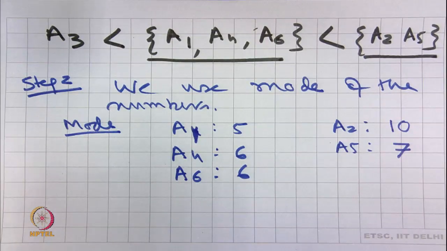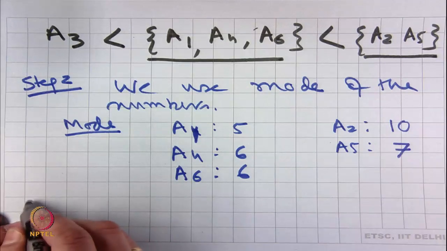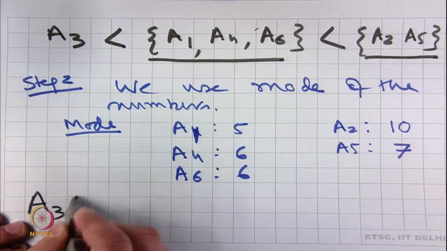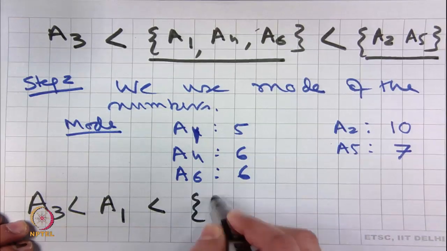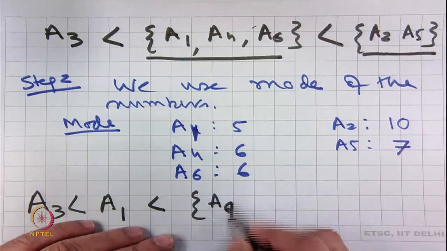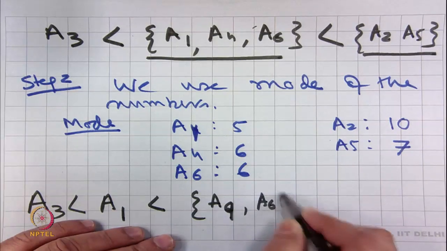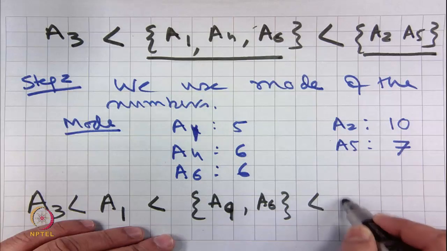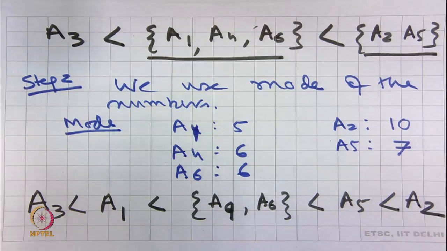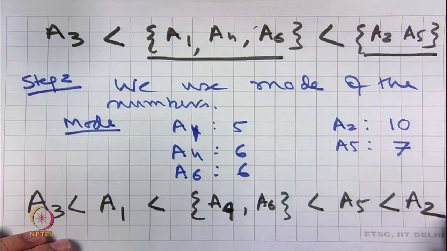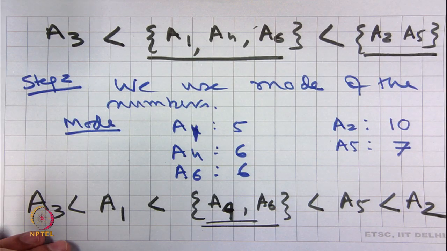Therefore, at this stage we have the order A3 is less than A1 less than this set A4 and A6, which is less than A5 which is less than A2. Therefore, we could impose an order with these two steps, but still we have a tie between A4 and A6.